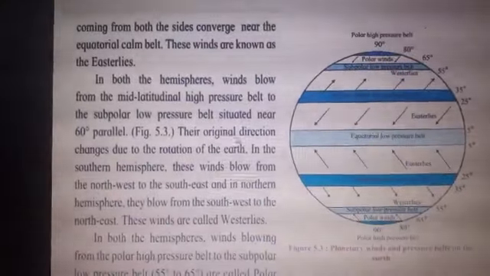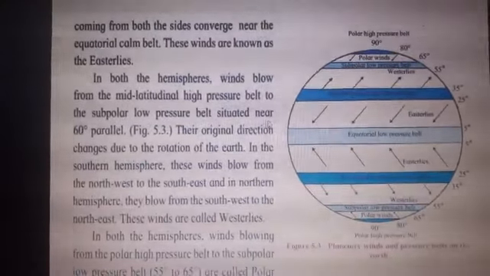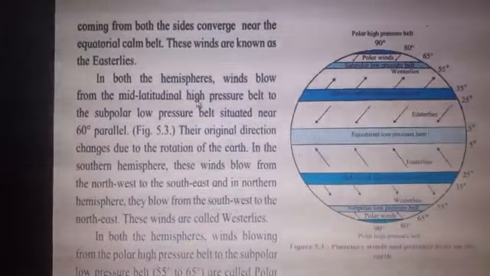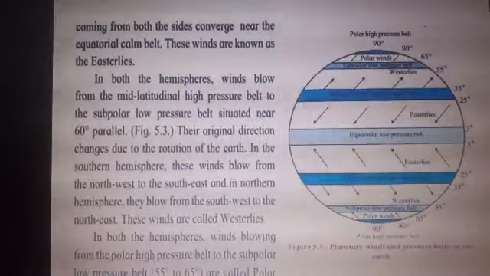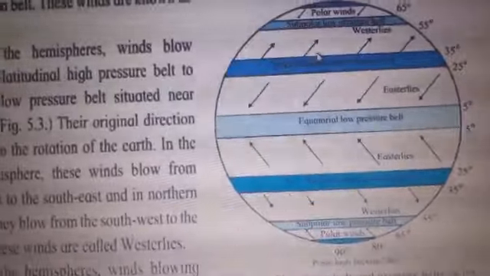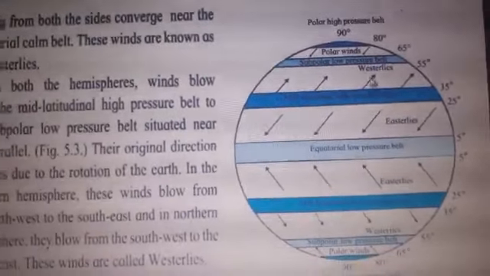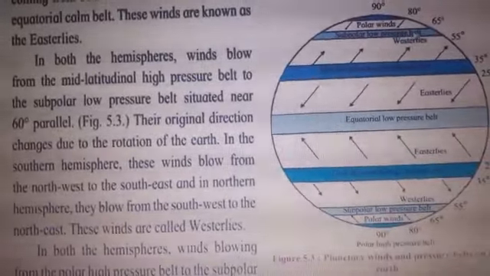Okay children, let's continue. In both the hemispheres, winds blow from the mid-latitudinal high pressure belt. Now you can see here, this is a mid-latitudinal high pressure belt towards the subpolar low pressure belt situated near the 60 degree parallels. This is 55 to 65 degrees. So that is 60 degree parallels in between.